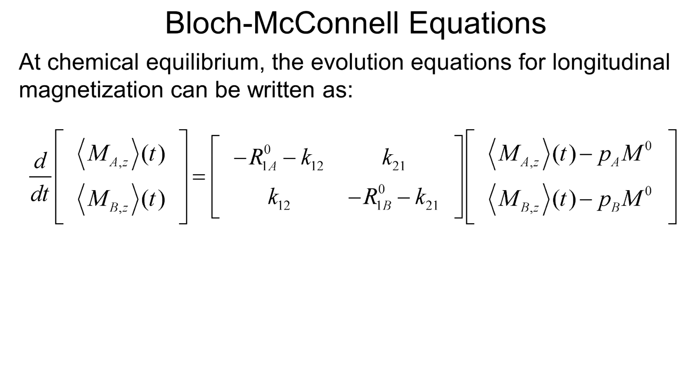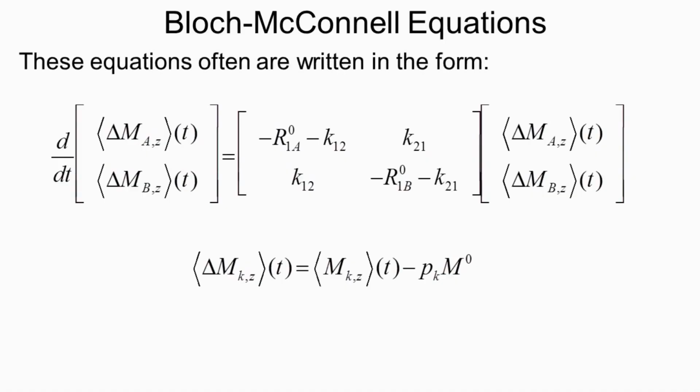And this is basically all there is to say about longitudinal relaxation for two-site processes. All we have to do is solve this differential equation, which of course is quite easy to do in Mathematica or other programs. And frequently, these equations will be written as deviations from Boltzmann equilibrium, again, just for simplicity.